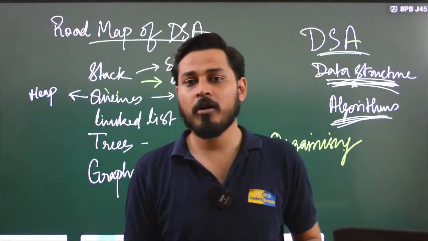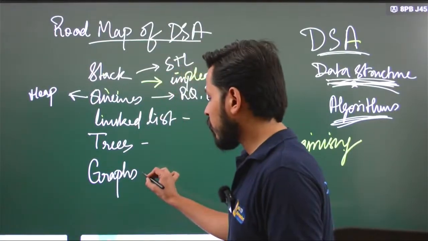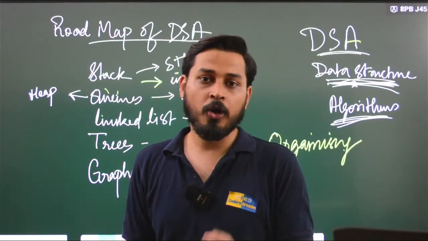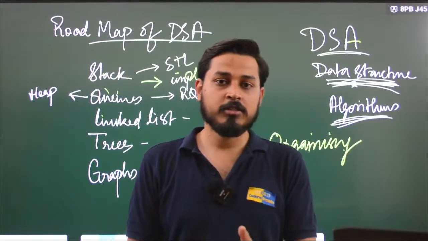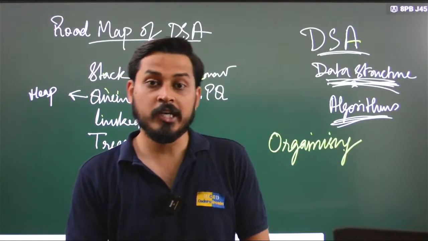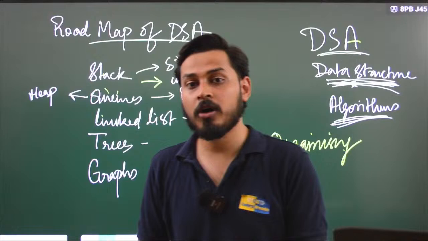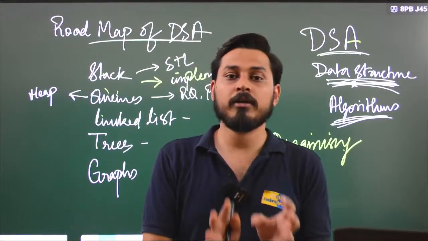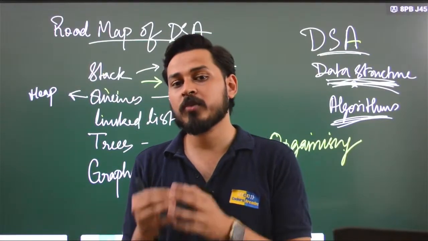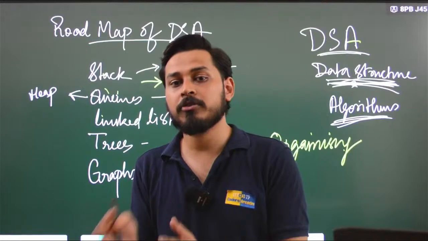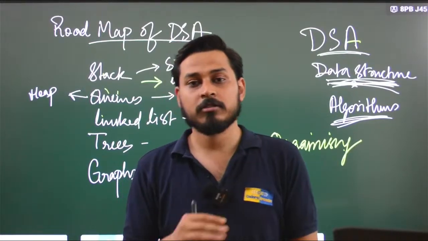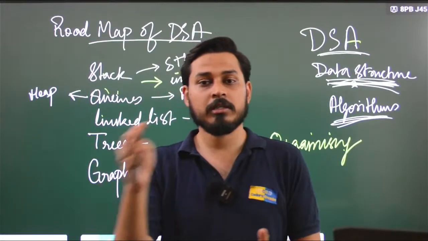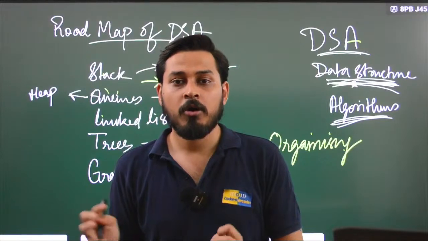Then we are going to talk about graphs. In graphs, we will talk about weights, edges, nodes, and types of graphs. There are 12 types of graphs that we are going to talk about. Then we will start with graph-related operations and algorithms like cycle detection, Dijkstra's, Prim's, Kruskal's, Kahn's, topological sort, all of that.